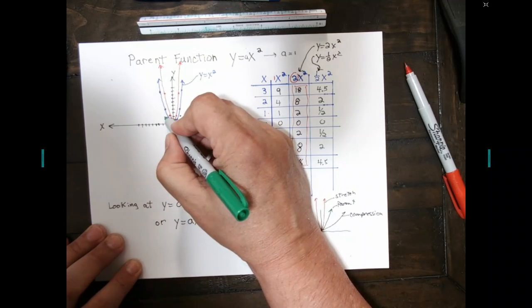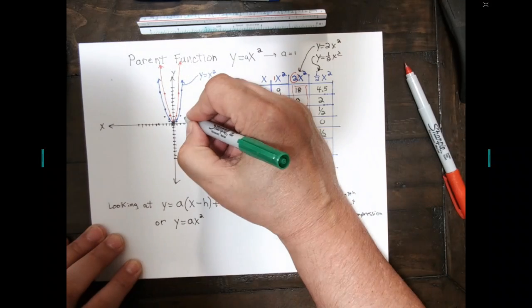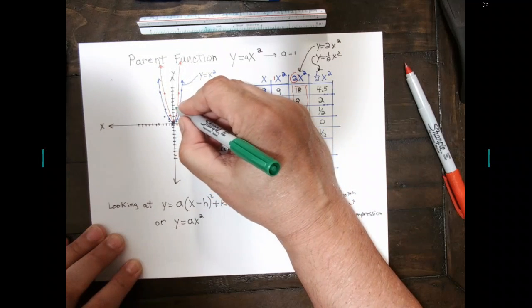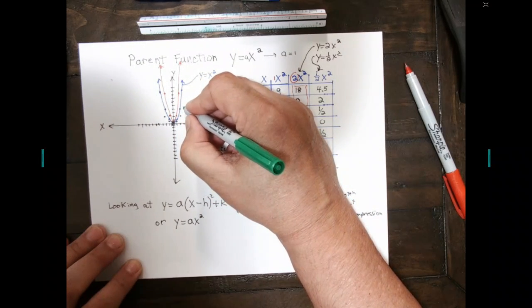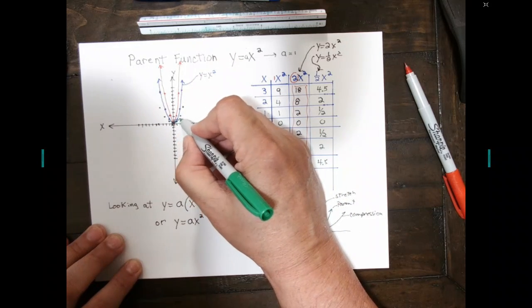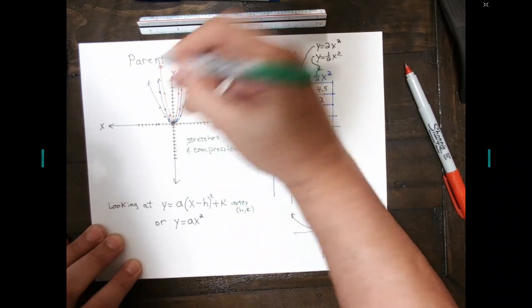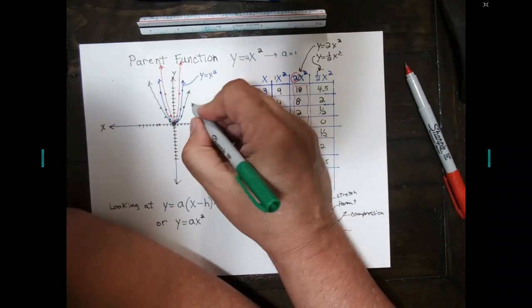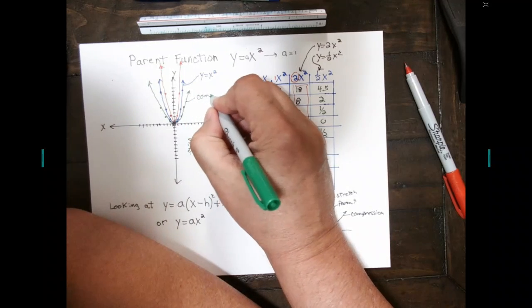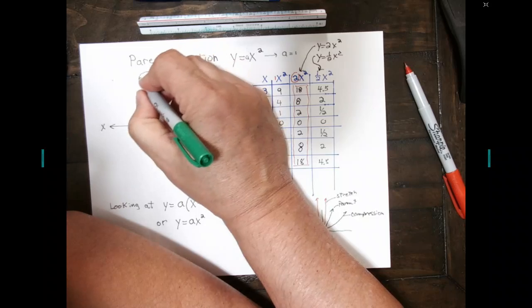At x equals 3, I get 4.5, somewhere about right there. And then I have the symmetrical side. You can see what's happening. It's getting wider. That's compressed. So this one is compressed, and this one is stretched.